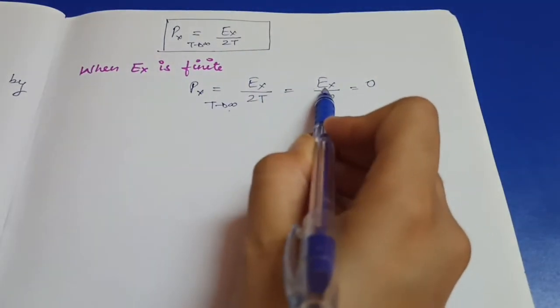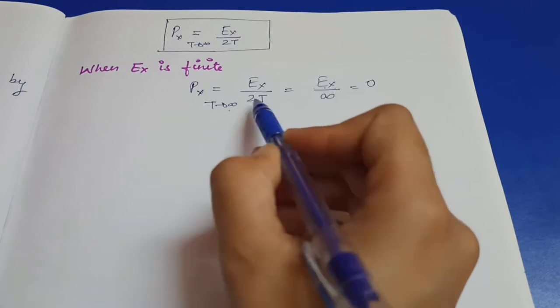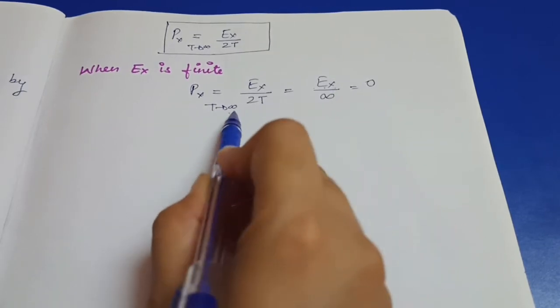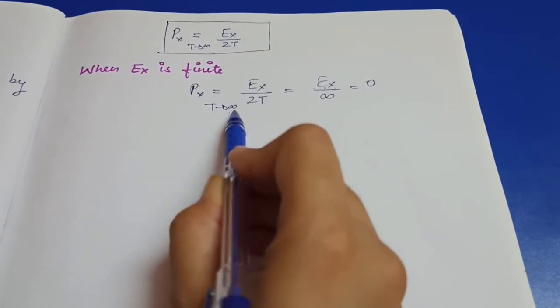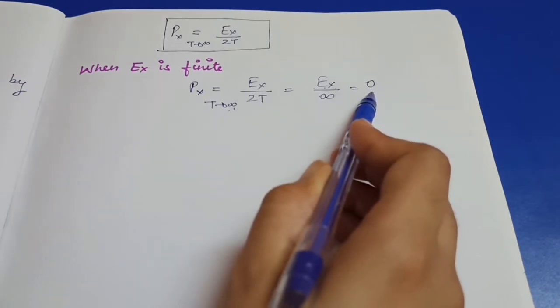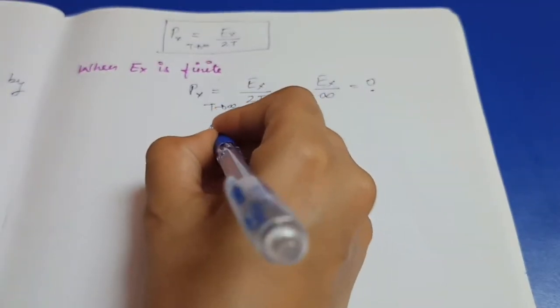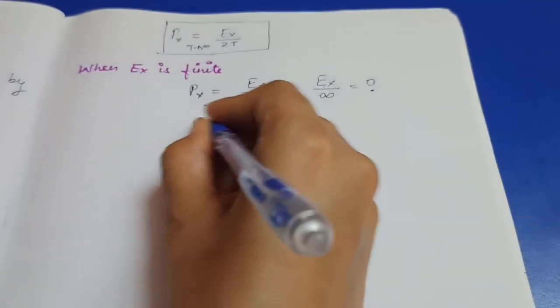Because here energy is finite, so we are not changing this term since it is finite. We just have substituted the value, T tends to infinity, and it comes out to be 0, right? So when energy is finite, then the power of the signal must be 0.